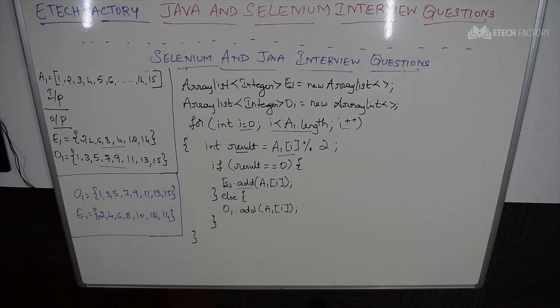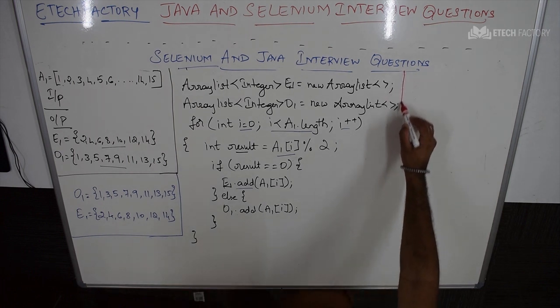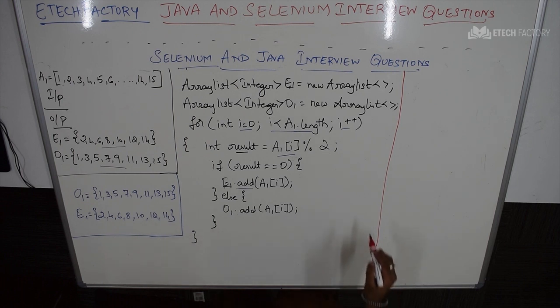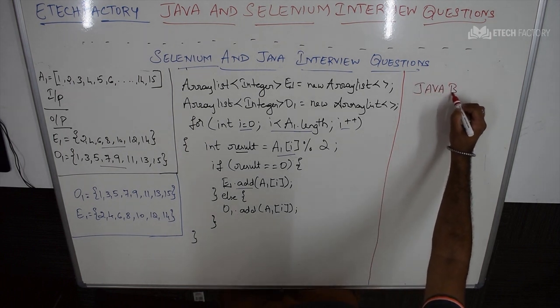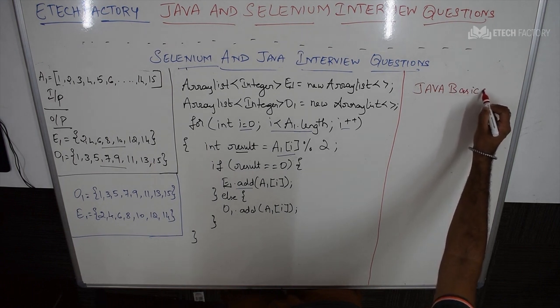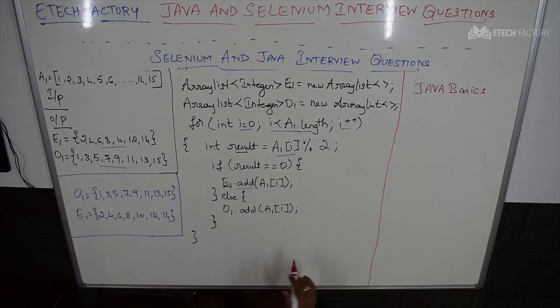Okay, so now the next thing, we have written this code. Now the next thing is, what are the different concepts we have learned by executing this problem statement. So as usual, I always say that we have learned Java basics here, because whatever the code that we have written is all Java basics.